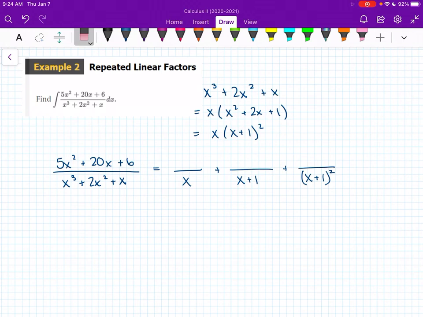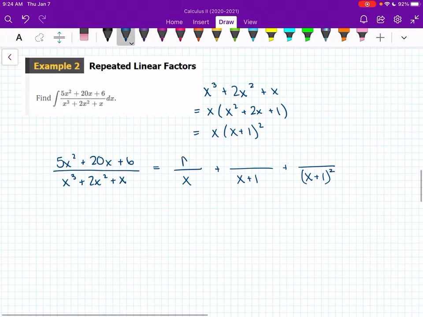Okay, so now we have this. And so the factors x and x plus 1 are linear. So all of my numerators here are constants. So we're going to have a, b, and c. And so now I'm going to go through and solve this.